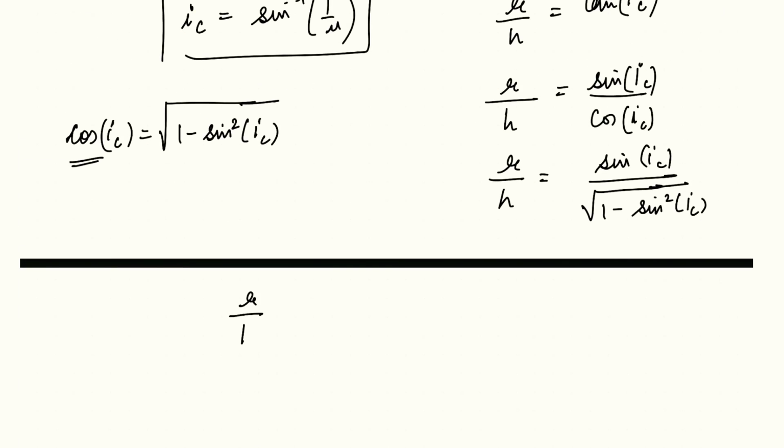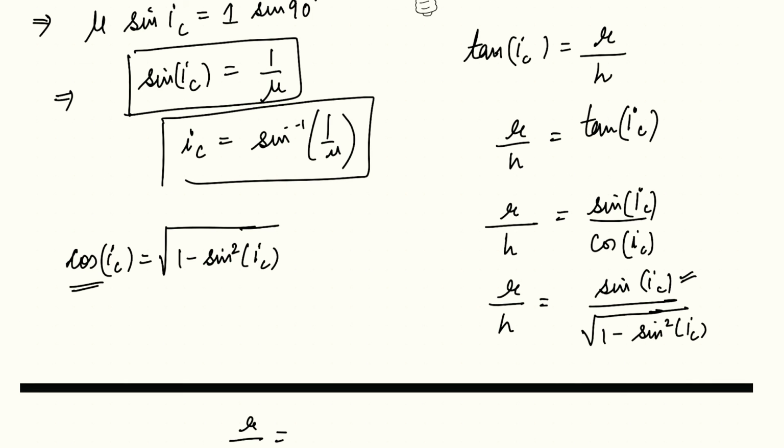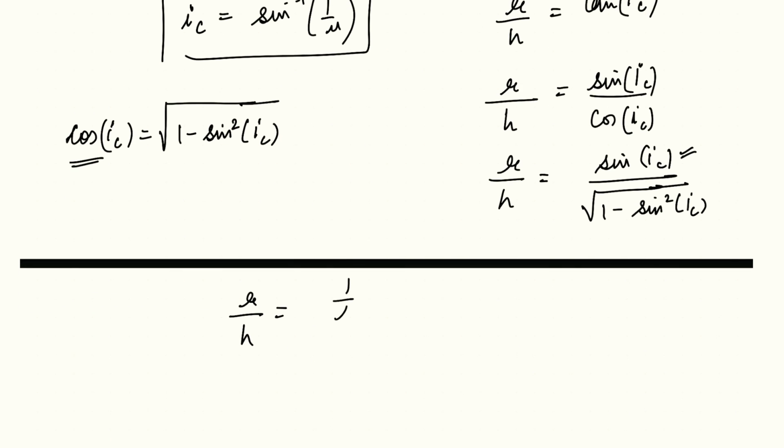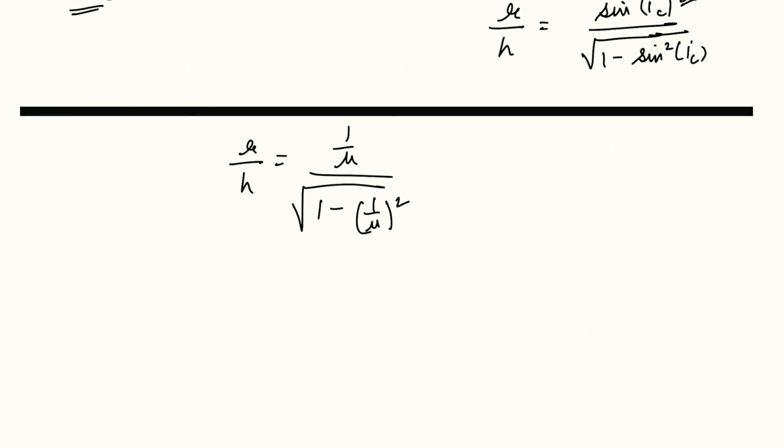We will get R upon H is equal to, now sine IC is something known to me. What is the value of sine IC? You can see sine IC is 1 upon nu, so I'll put that there: 1 upon nu upon root of 1 minus 1 upon nu whole square. All you have to do is solve it.